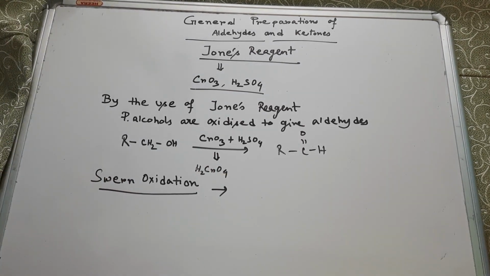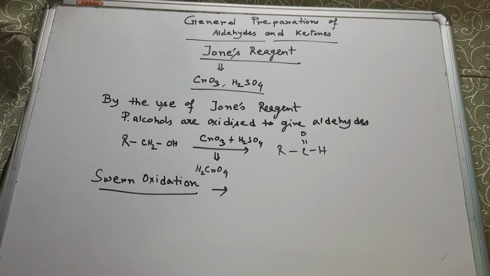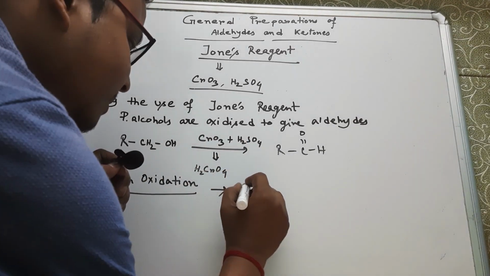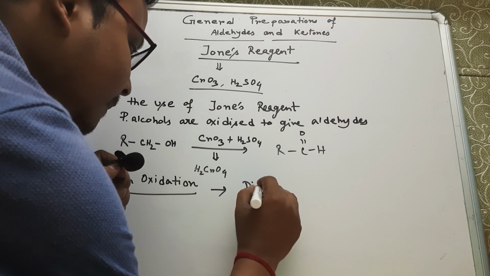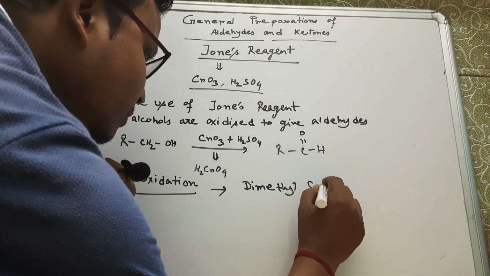As using chromium as the oxidizing agent is very toxic in nature, some modification is done. So here, in place of chromium, dimethyl sulfoxide is used.